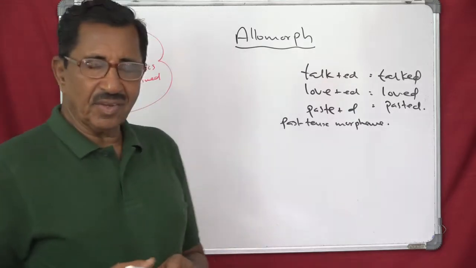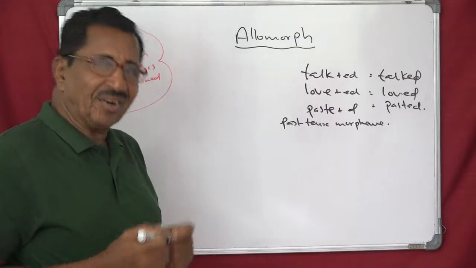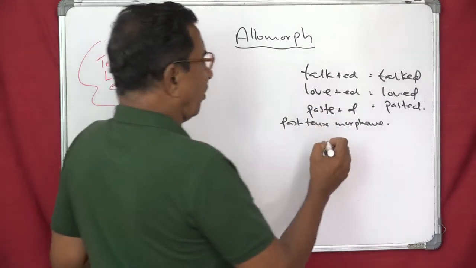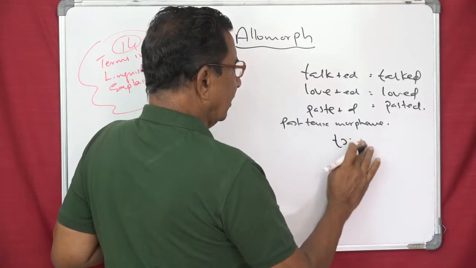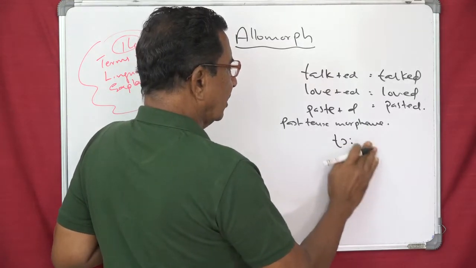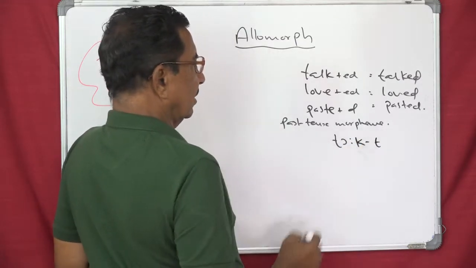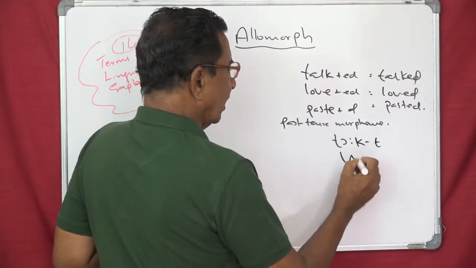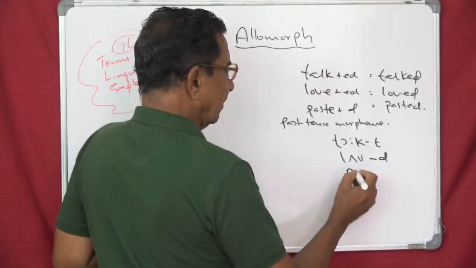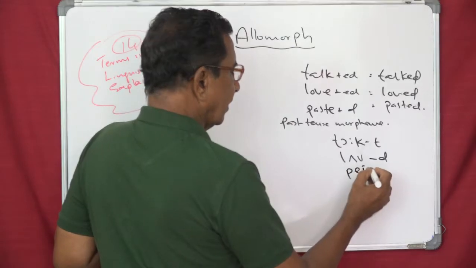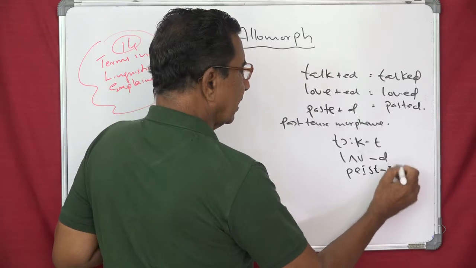For example, when you give a phonemic transcription of this, you will write talked, then loved, then pasted.